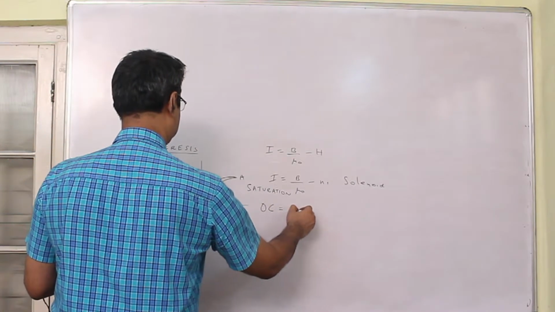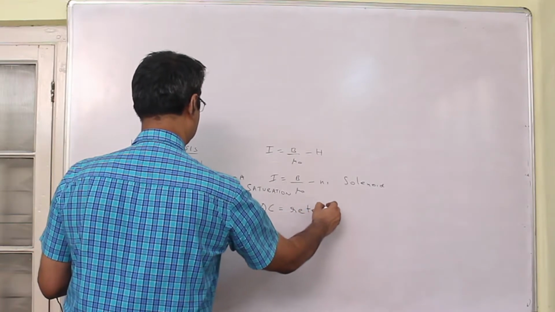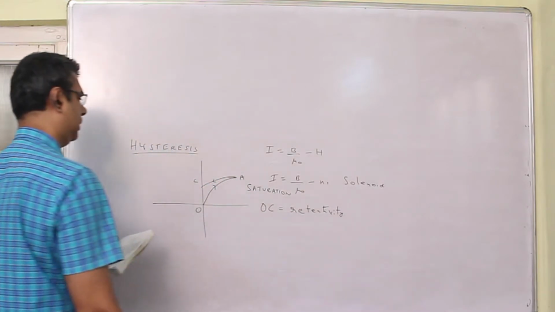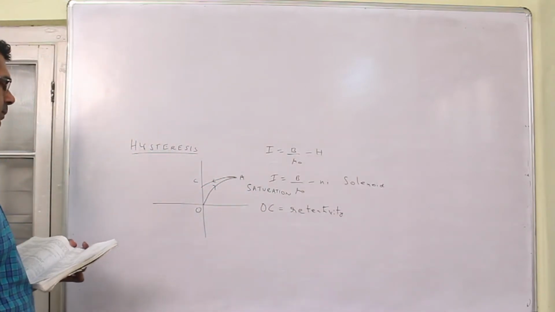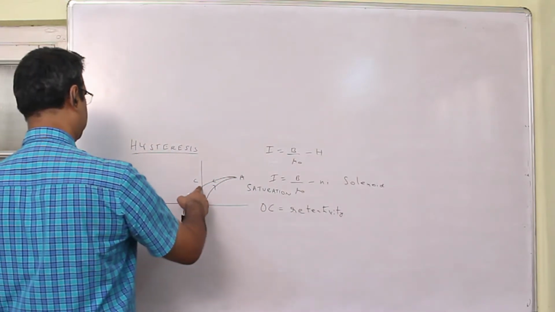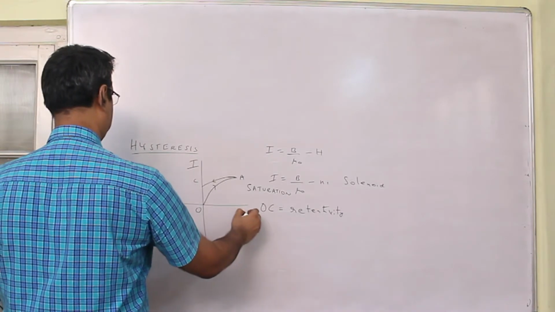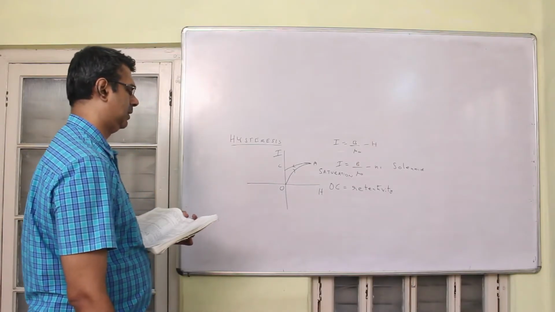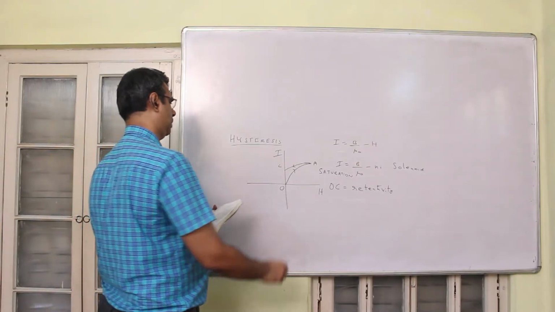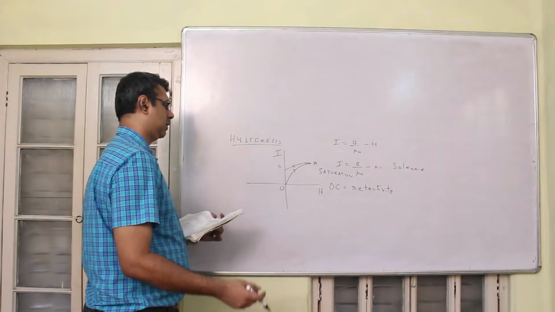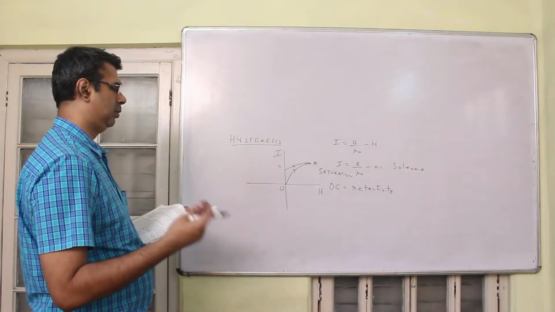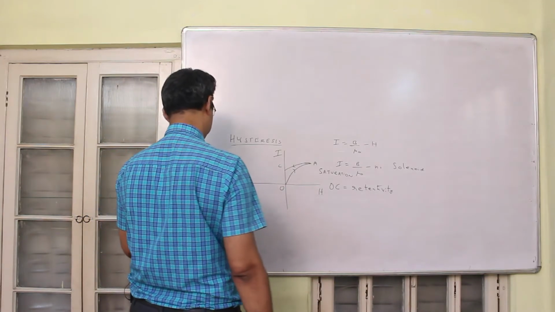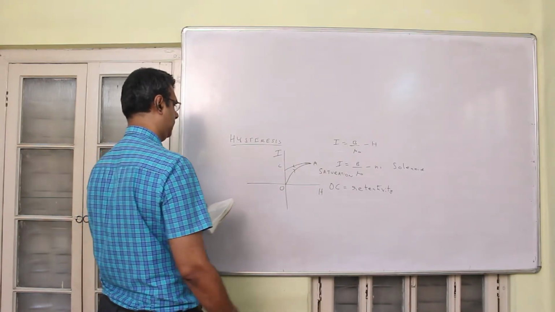Now OC is called the retentivity of the material. What does it tell us? The y-axis is capital I, the x-axis is capital H. So retentivity basically tells us that even after you remove the current, there is a net magnetism. So OC is called the retentivity of the material.